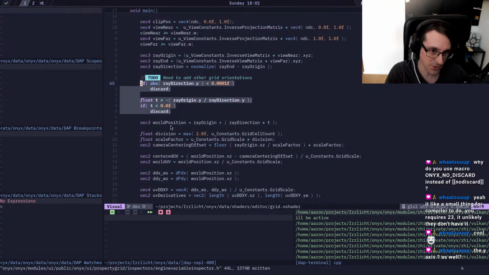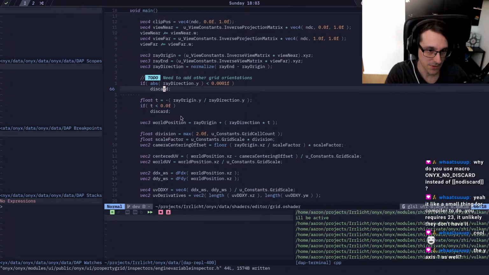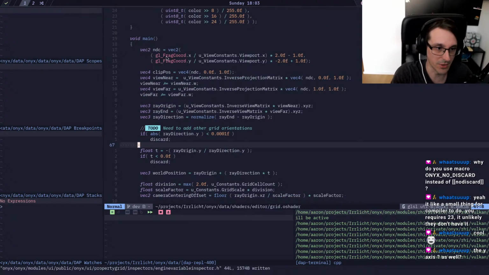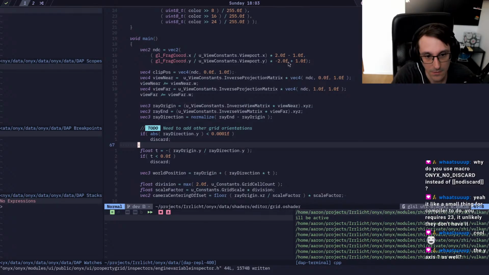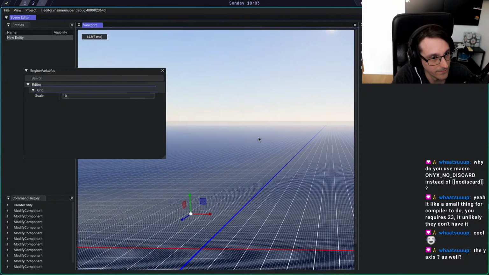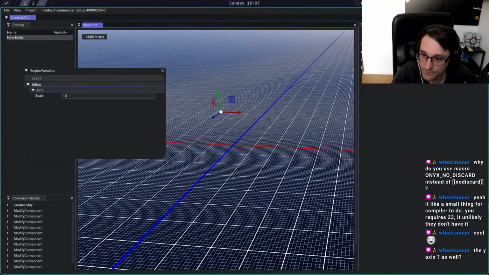Because of this logic here, we need to change that to a proper plane intersection function. And then that's it. Then we can already move it up and down. And then rotating would be the plane normal. And that's about it, and we would have it. But yeah, I would always want to show all 3 major axes, I think.